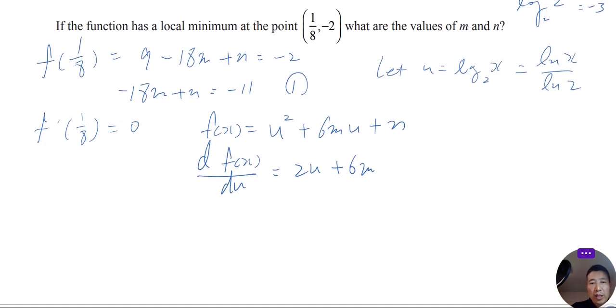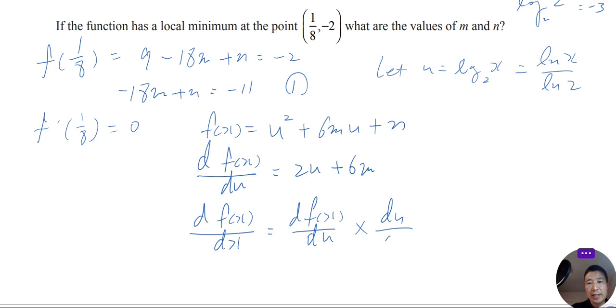What we need to know is df(x) over dx, right? So to get rid of du, that is df over du times du over dx, isn't it? So obviously we have to differentiate this in terms of x. That's why I changed that.